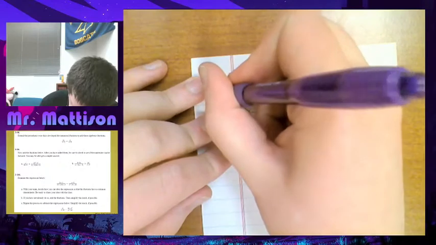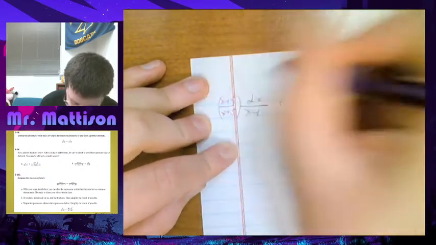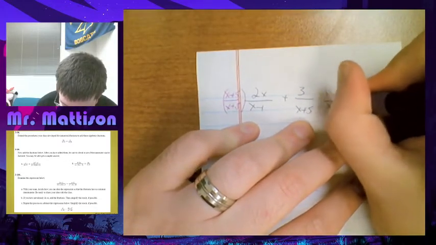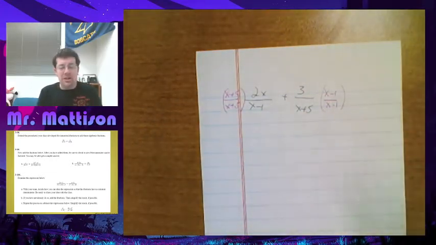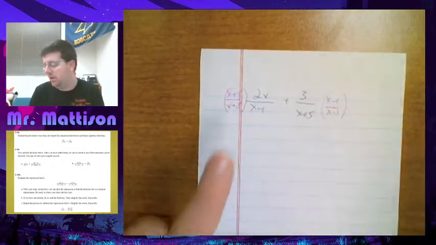So what I'm going to do is multiply this by x plus 5 over x plus 5, because that's a giant one, so it doesn't do anything. Here is x minus 1 over x minus 1. Again, another giant one, so it doesn't do anything. All these giant ones are going to do is make this look different and make it look the way that I want.